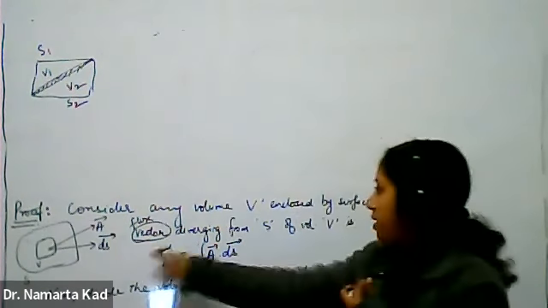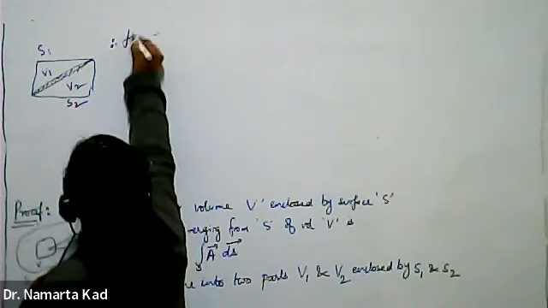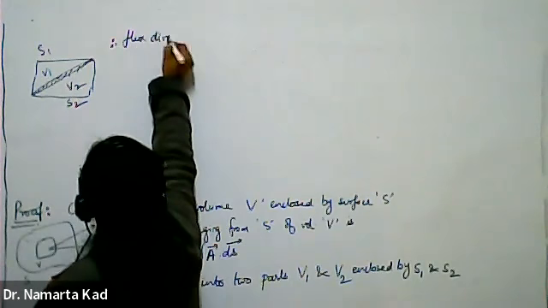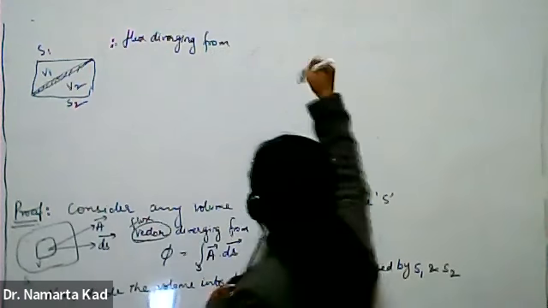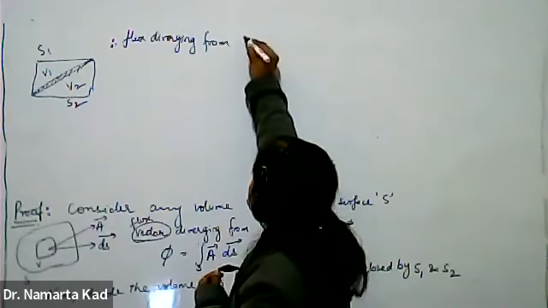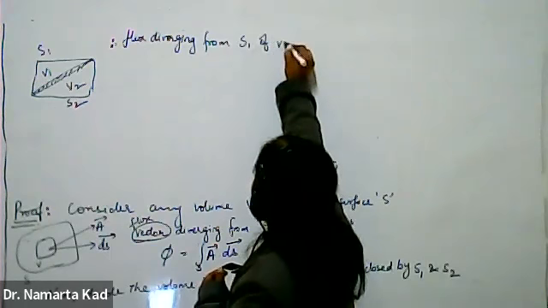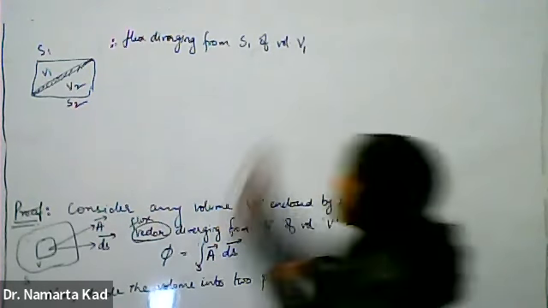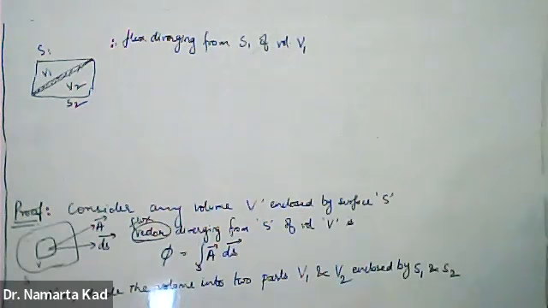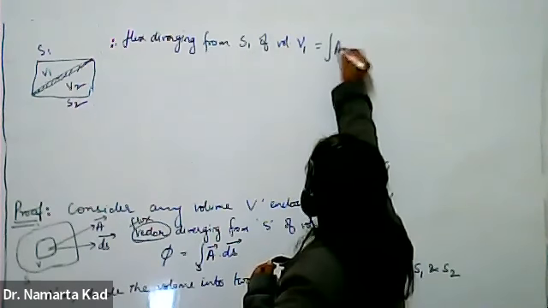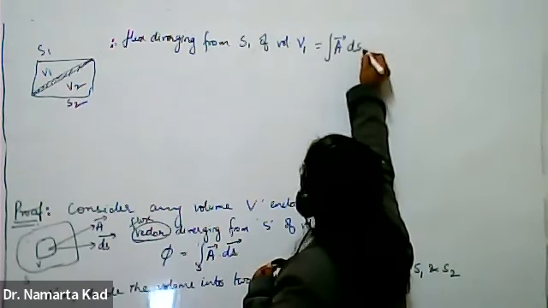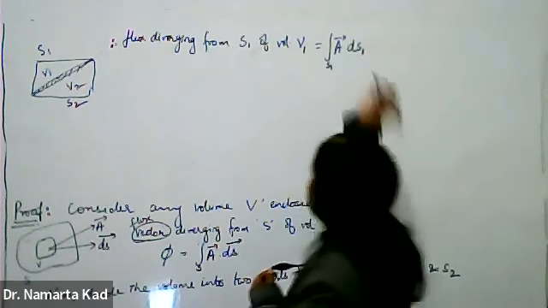So we have to write down in a similar way the flux diverging from S1 of volume V1. It can be written like A vector ds1, here it is S1.